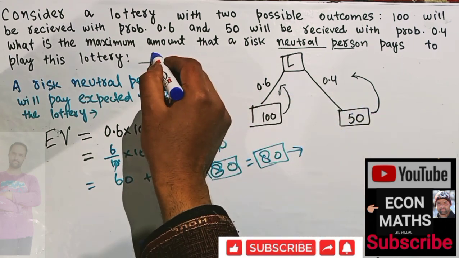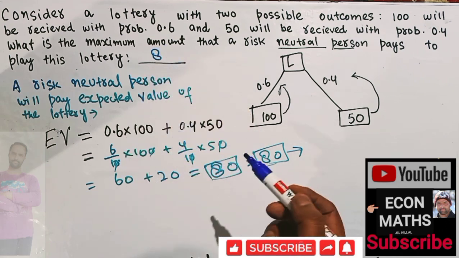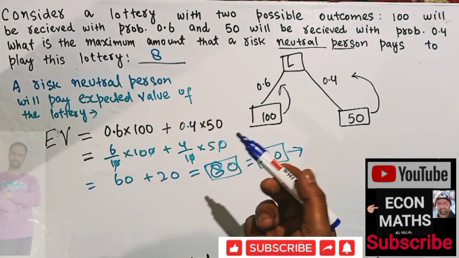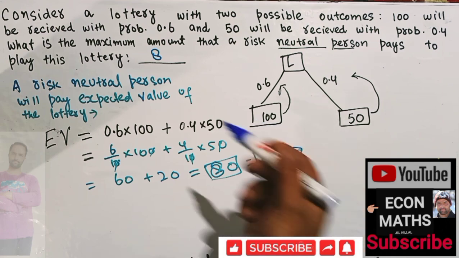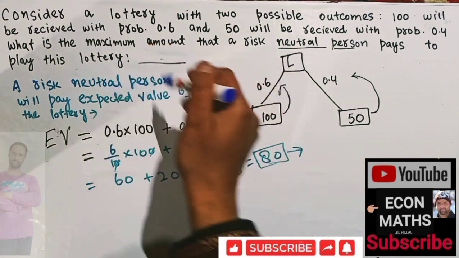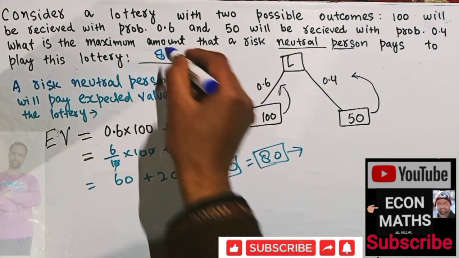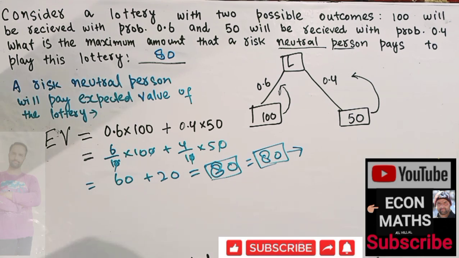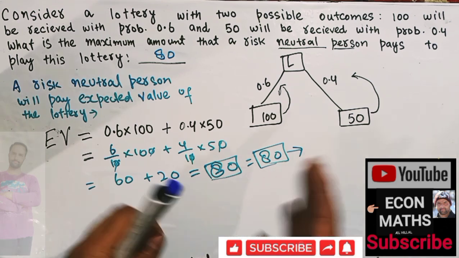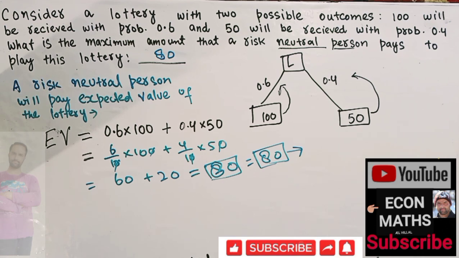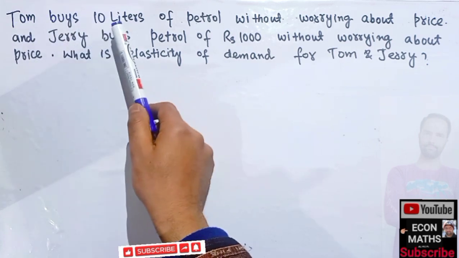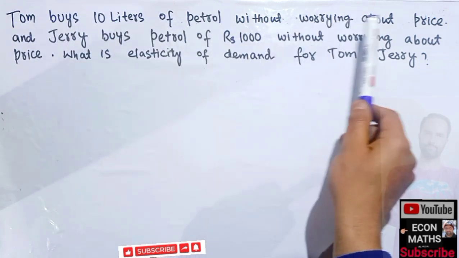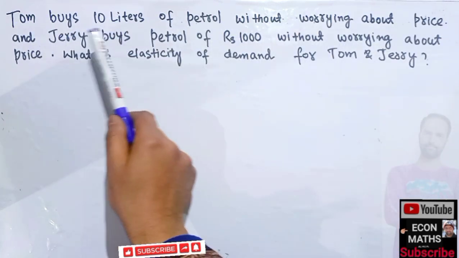It was a numerical ability question like this. So 80 rupees is the maximum amount that a risk neutral person would have been willing to pay to play this lottery. Okay, thank you.